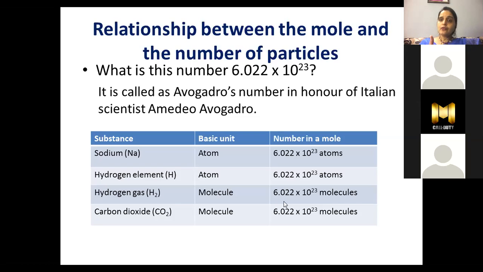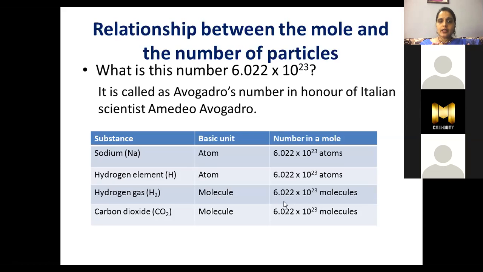But now if you look at the next row, it speaks about hydrogen gas. Hydrogen gas exists in the diatomic state. Whenever we write about hydrogen gas, we always write H2.